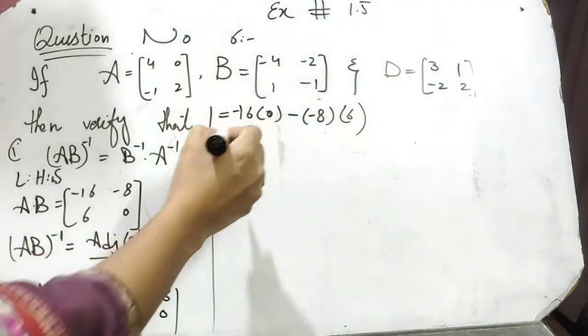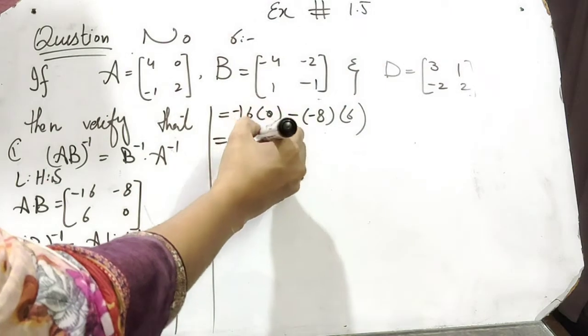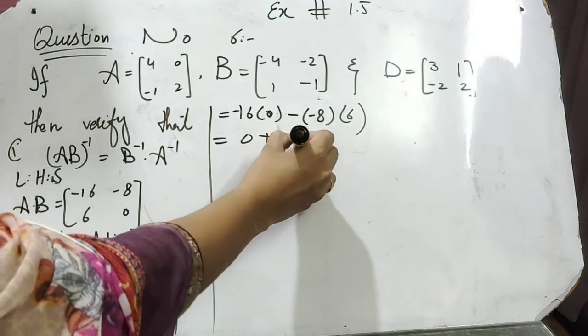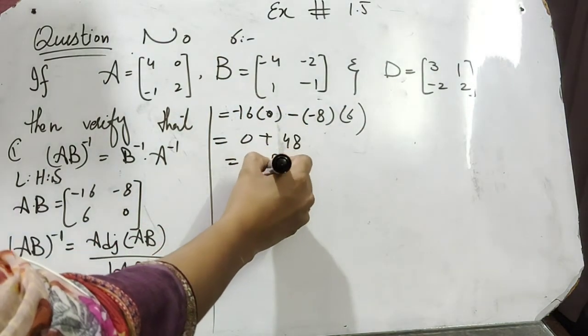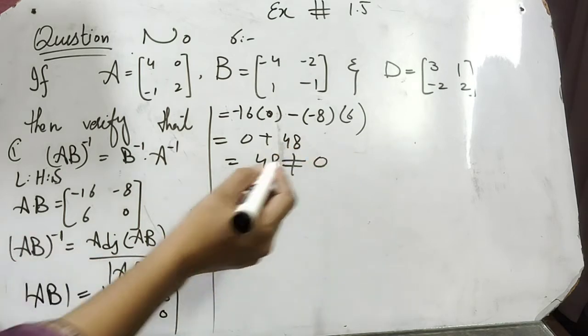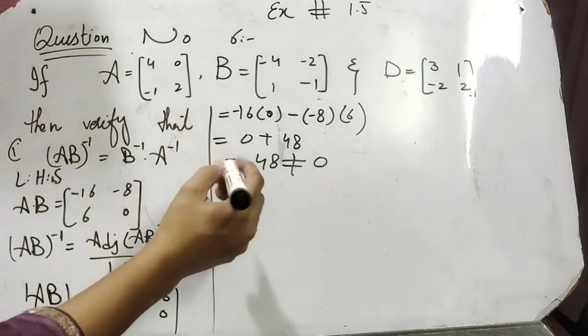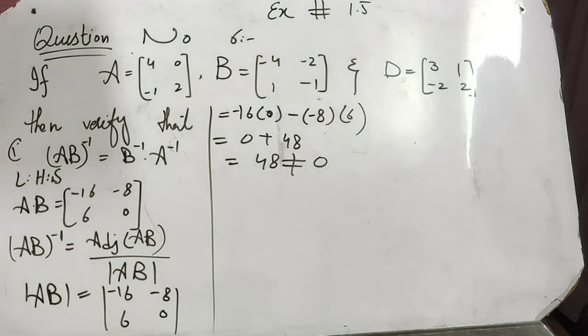It will be equal to 0 plus 48, which is equal to 48. 48 is not equal to 0, so we can say that this is a non-singular matrix and we can find the inverse.